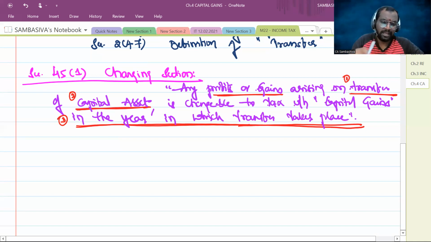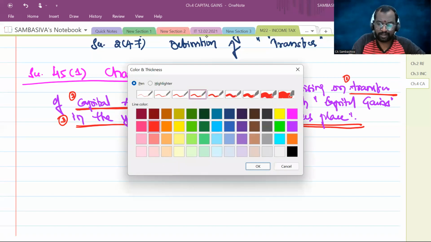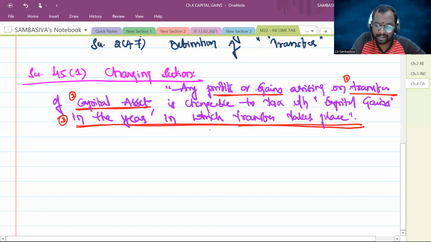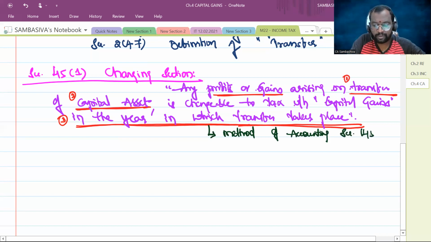The wordings 'in the year in which the transfer takes place' explain the method of accounting applicable to this chapter as per the provisions of section 145.